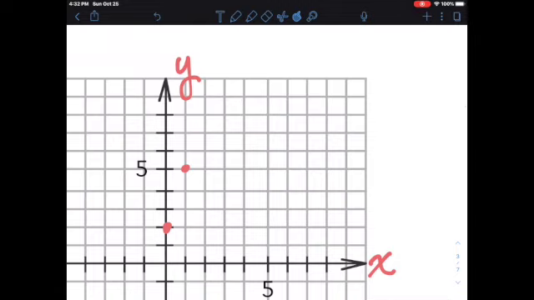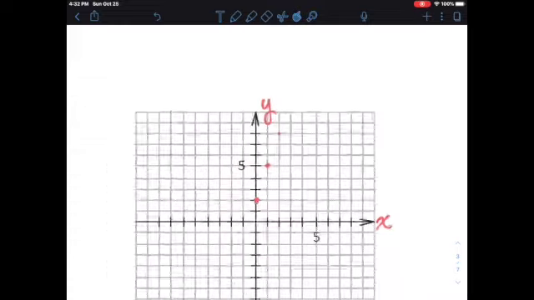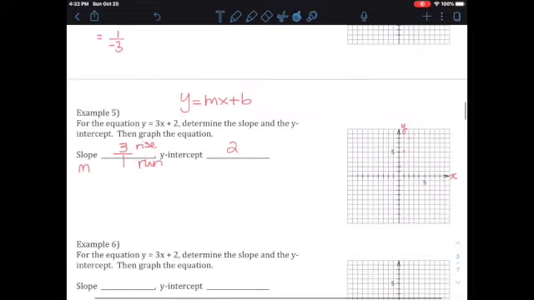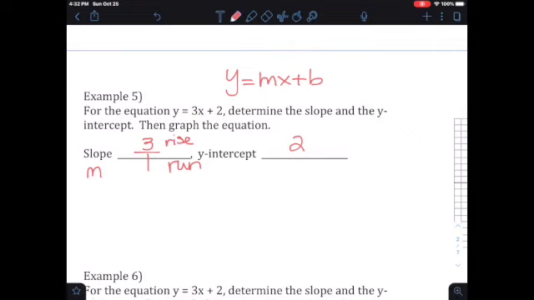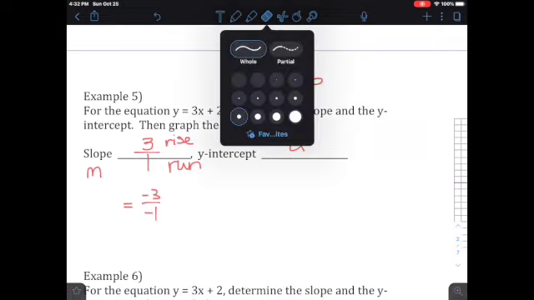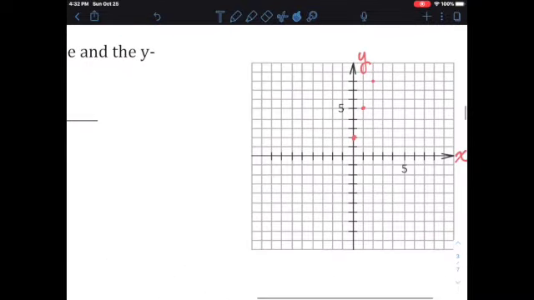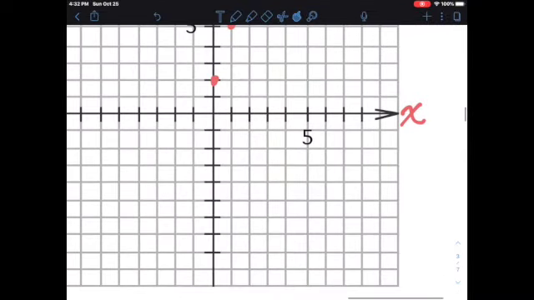Up 3, over 1. And you also have to understand that up 3 over 1 can also mean the same thing as negative 3 over negative 1, because negative becomes positive. So in that case, you can also go the opposite direction, which is down 3, because negative 3, 1, 2, 3, over to the left 1, down 3 over 1.